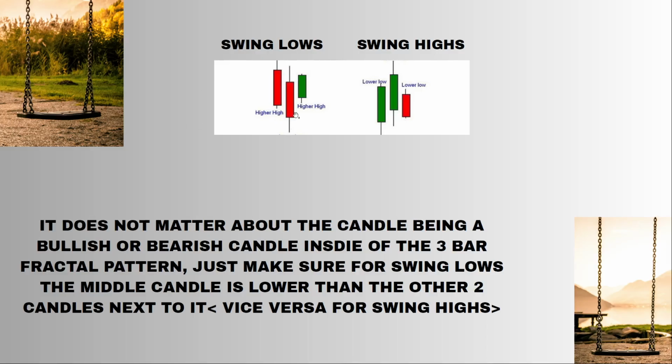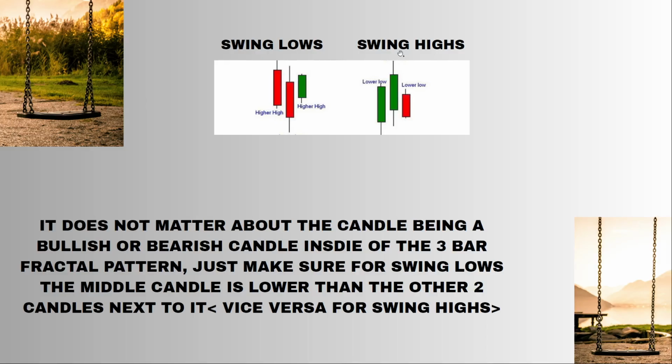When it comes to swing highs and swing lows, you have these swings right here. A swing low is when there is a candle in the middle, and the candle to the left of it has a higher low and the candle to the right of it has a higher low, with one candle being in the middle. This would be considered a swing low. The reason why is because the candles next to it are higher than the middle candle's low, which creates a swing low.